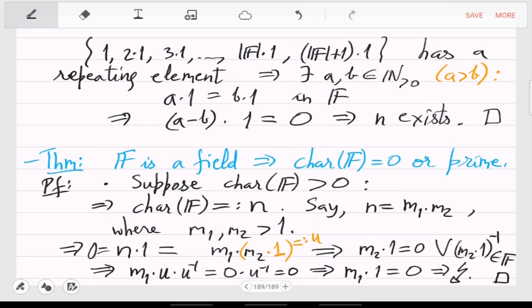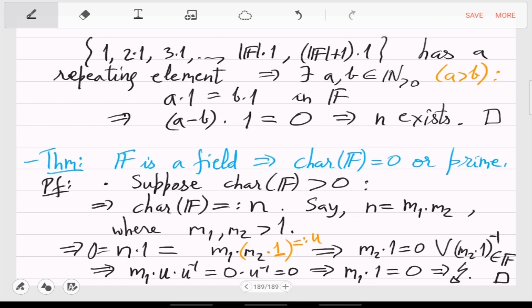This was a bit long, but if you want to do it properly, just following the axioms without using any real intuition, then you have to do it as follows. You write m2 times 1, that's the field element, call it U. So m1 times U is given to be 0. Either U is 0 or it's invertible. If it is 0, you have a contradiction to the characteristic n. Why?